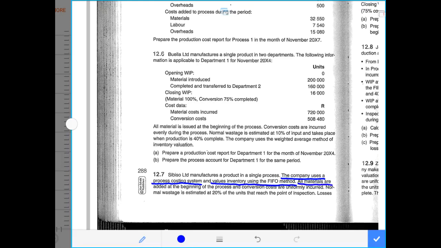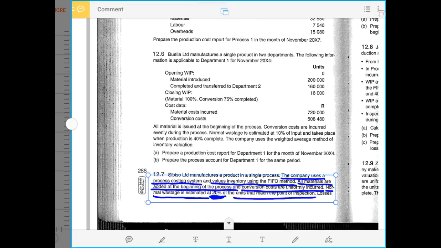All materials are added at the beginning of the process and conversion costs are uniformly incurred. Normal loss is estimated at 20% of the units that reach the point of inspection. So we will have to calculate the normal loss on that.